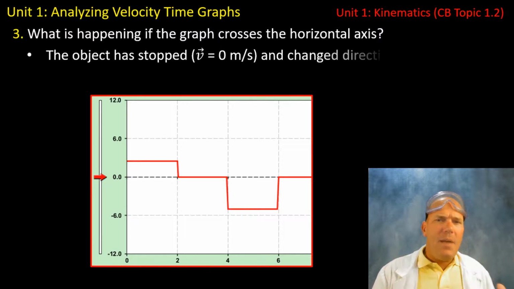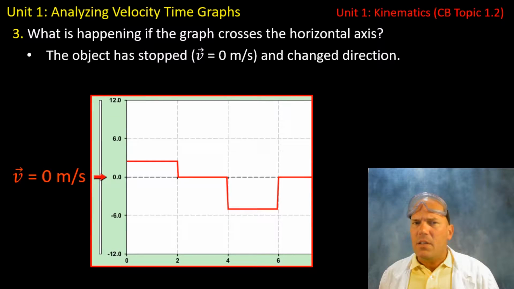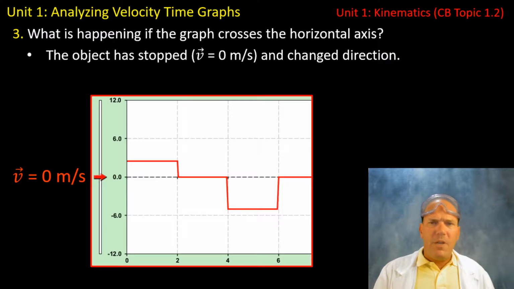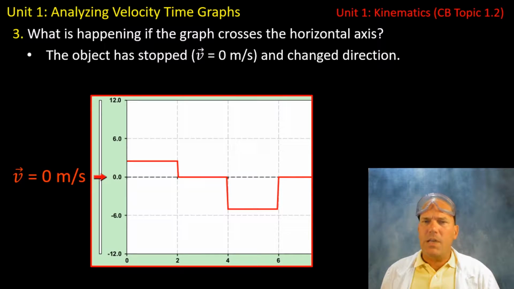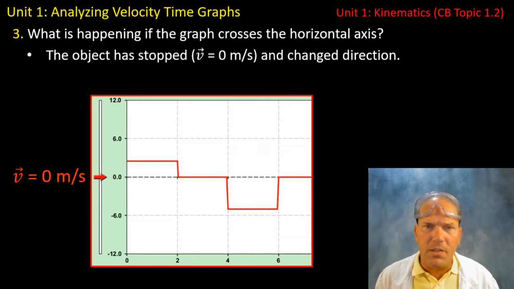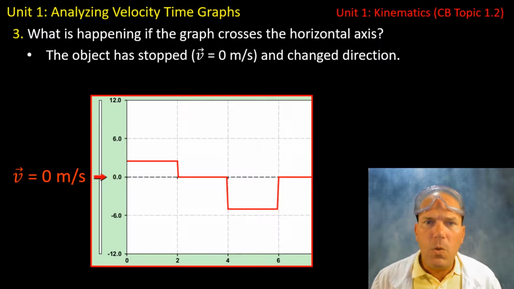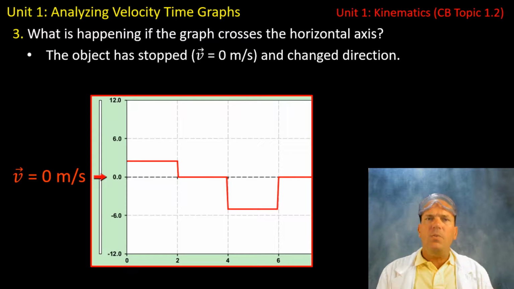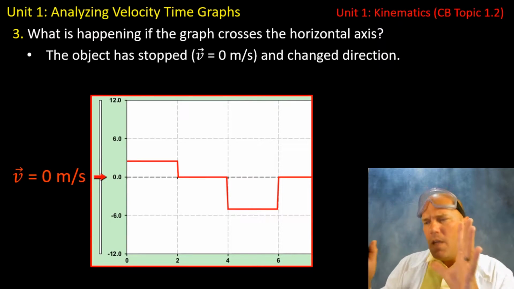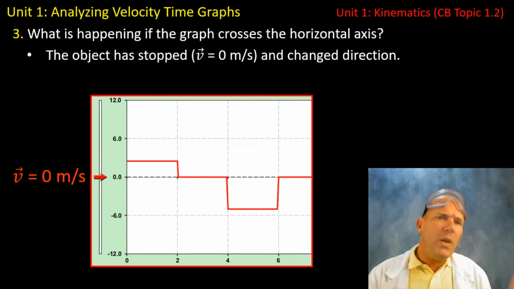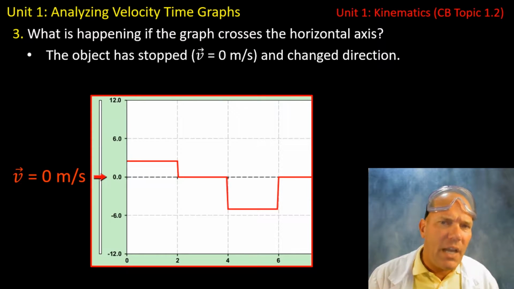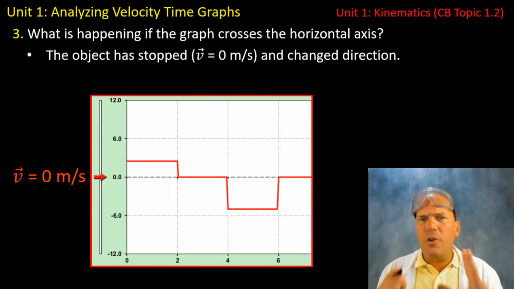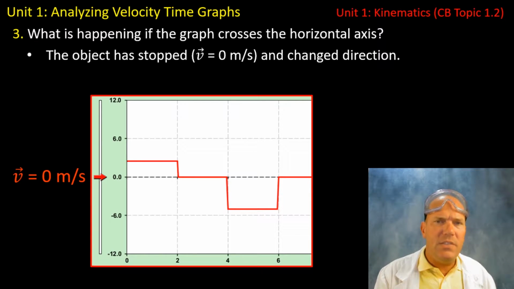So the object has stopped, and when it crosses the horizontal, it has changed directions. As it is along the horizontal axis, it has stopped. That's one of those areas when you're trying to read and analyze more complex motion graphs. This is something I urge students to pause and consider.